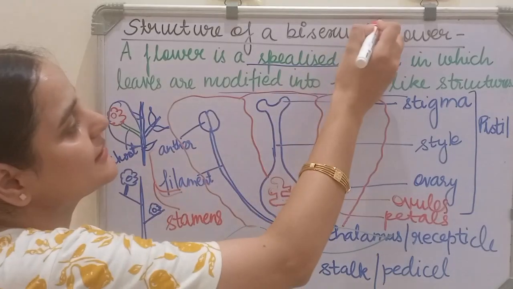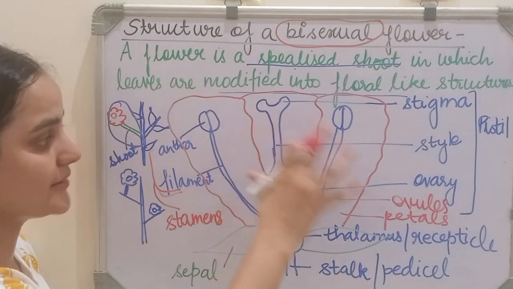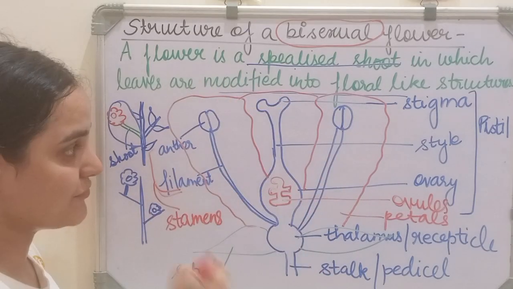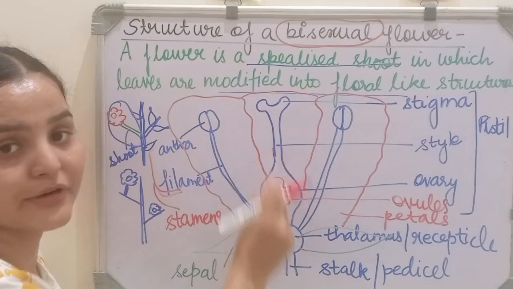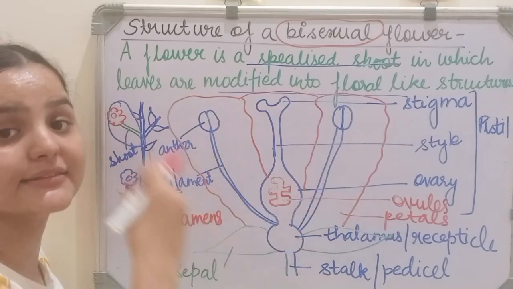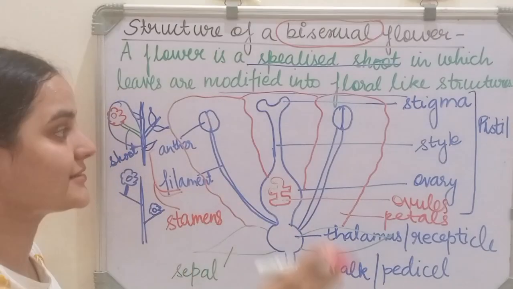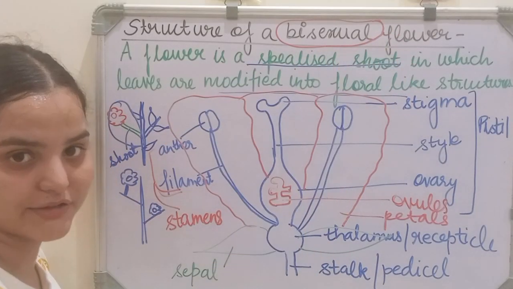Why are we calling it a bisexual flower? Because in this flower, this is a hibiscus flower, we can see that both male as well as female reproductive parts are present in the same flower. So if both male and female reproductive parts are present in the same flower, they are known as bisexual flowers.